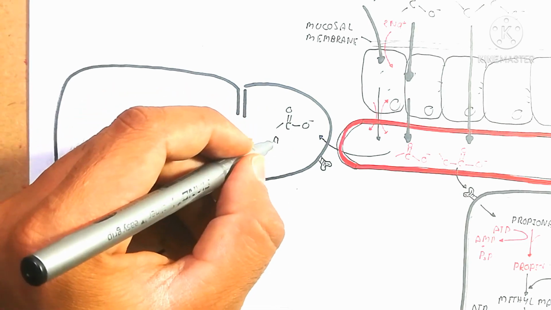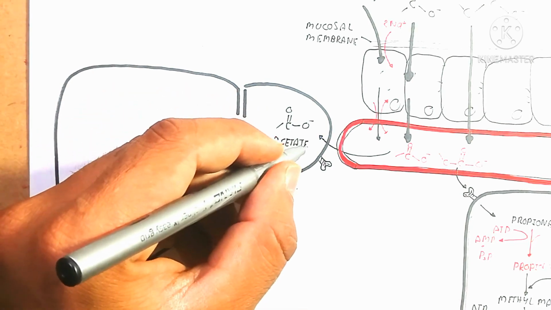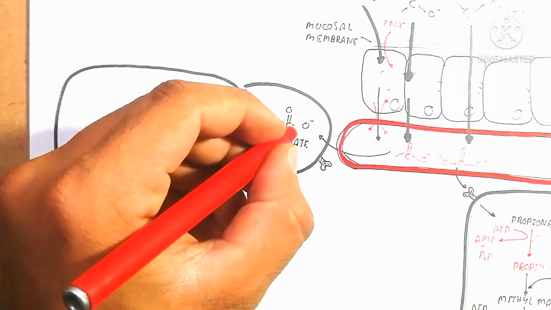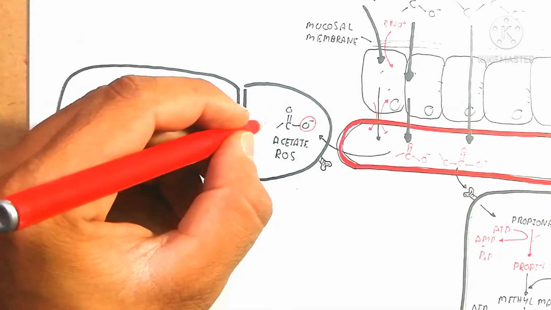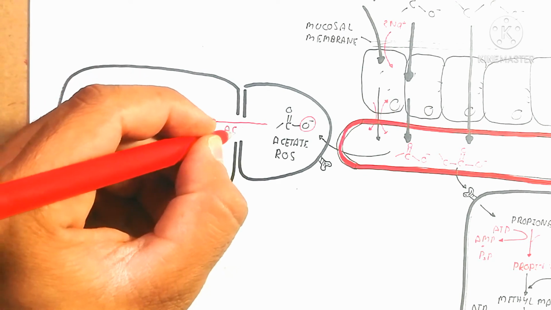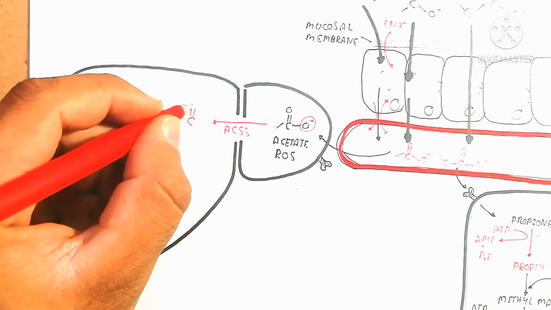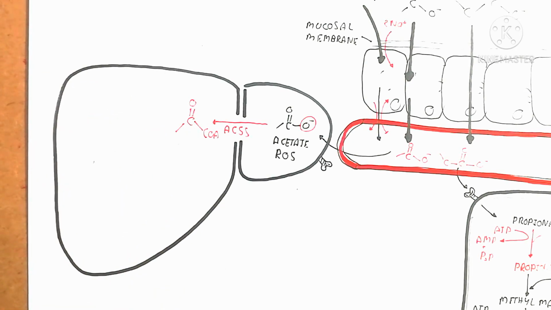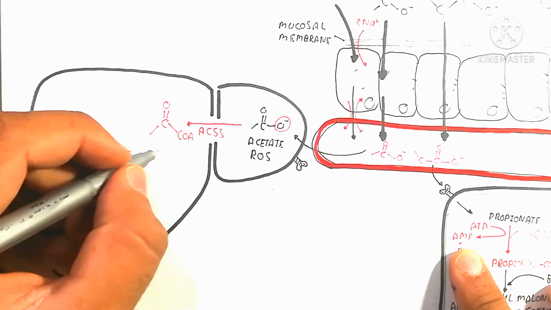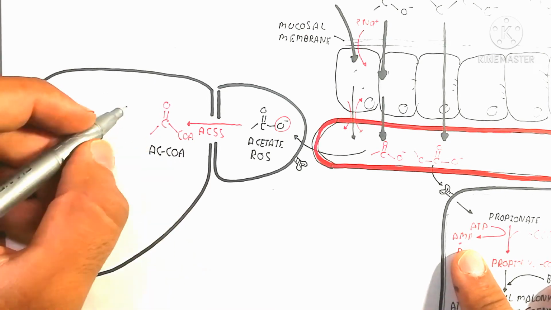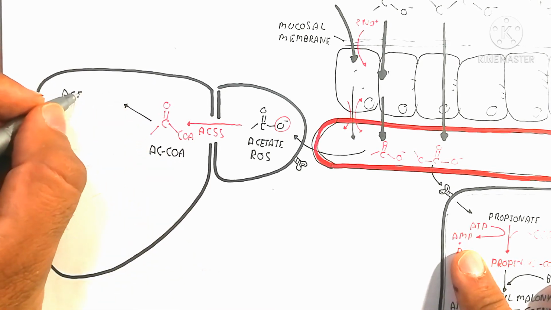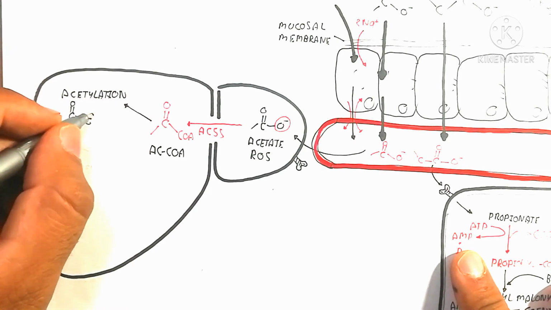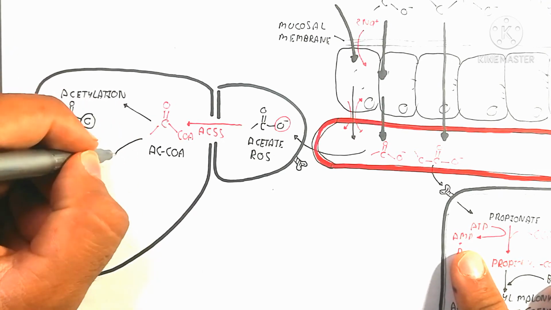So the short chain fatty acid is healthier compared to the long chain fatty acid because it is metabolized very quickly and easily. Here is the acetate, which contains reactive oxygen species. These reactive oxygen species are harmful, causing tissue and DNA damage, among other damage.